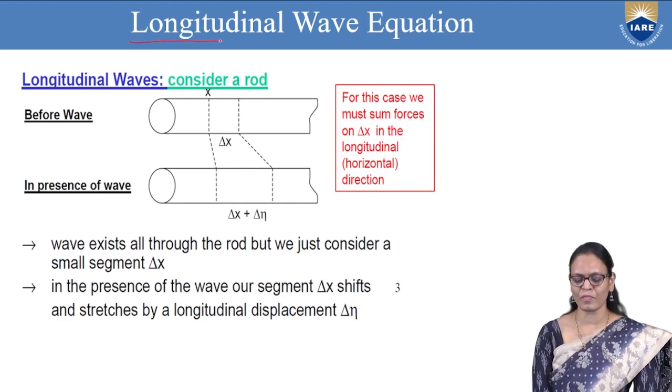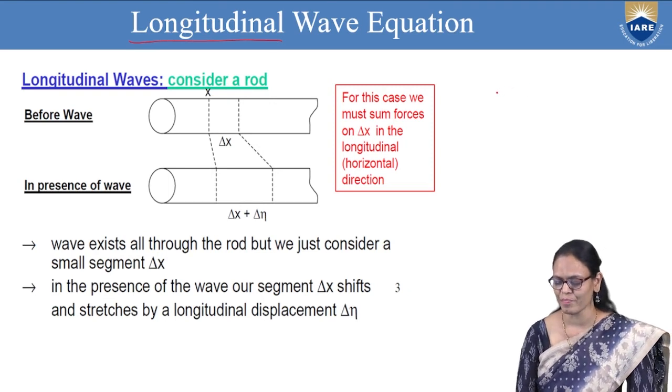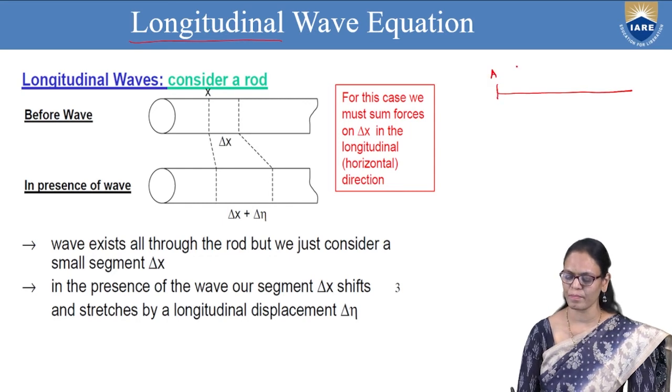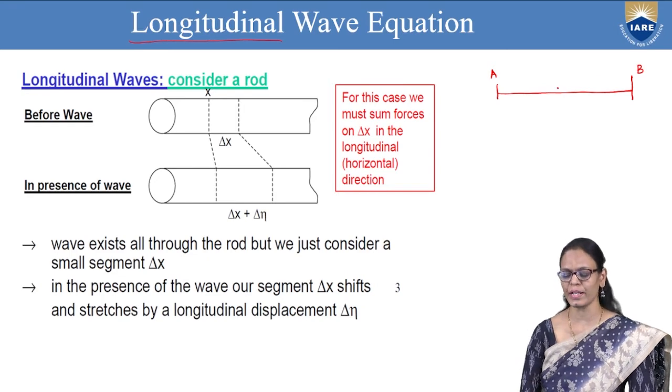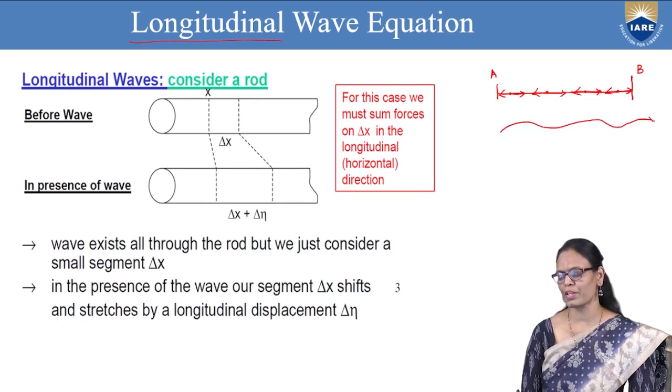First of all, we'll recollect what a longitudinal wave is. We have already discussed it in the last class. Suppose we take a wire which is fixed at both the ends, which means there is tension in the string. We are stretching it tight and holding it. When you pluck it and leave it, the particles of the string vibrate parallel to the direction of propagation of the wave.